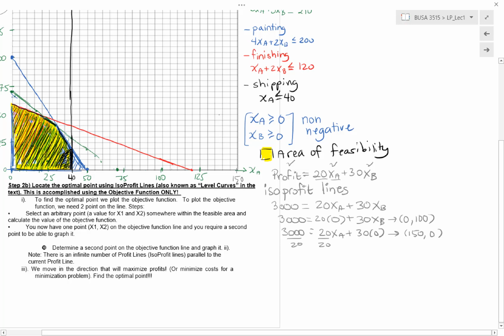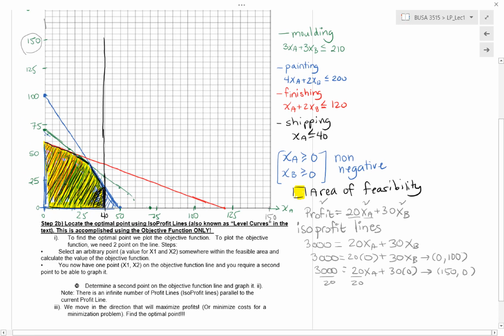So this gives me a profit straight line that crosses through 0, 100 and 150, 0. So when XA is 0, XB is 100. When XA is 150, XB is 0.